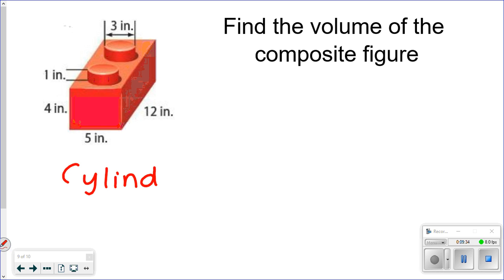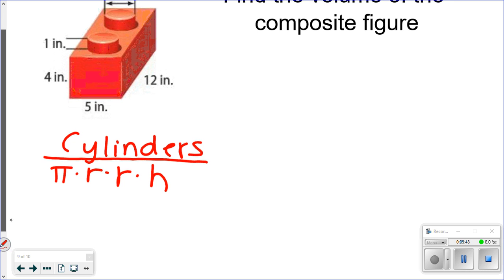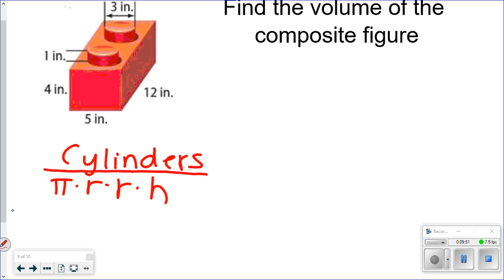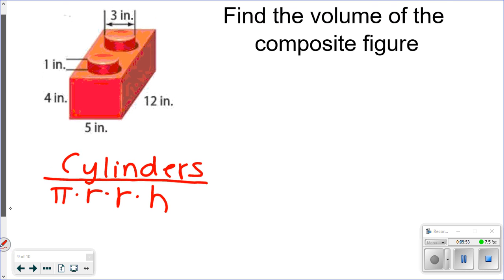do you want to draw it? Does anybody want to draw this? If you want to draw, I'll draw it for you. Okay, so cylinders: radius, height. It's got everything in there you need to know. So 3.14.